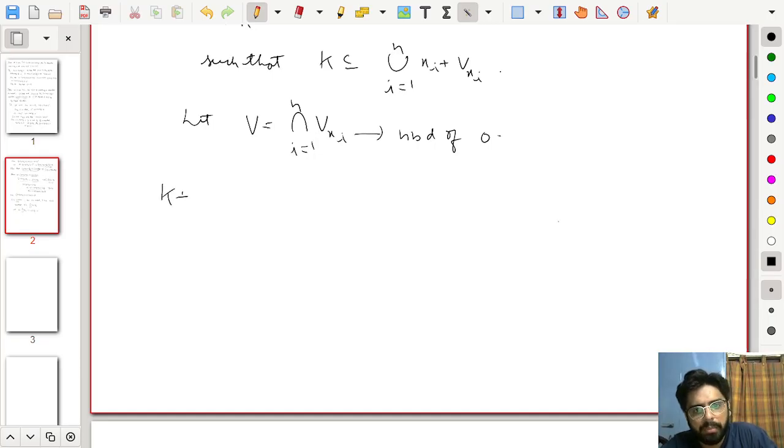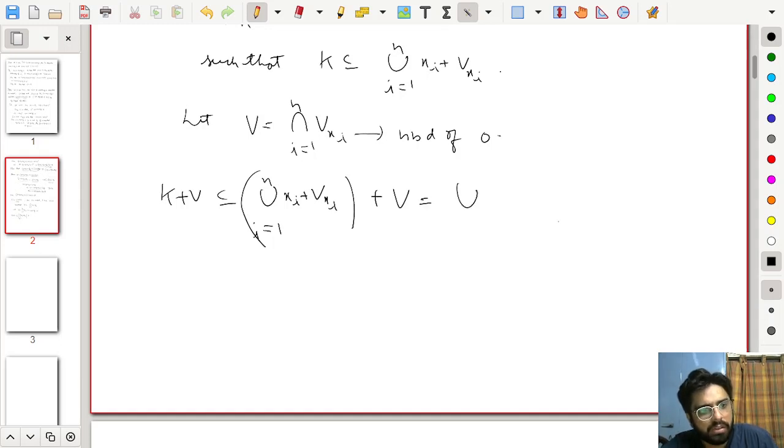So let us look at K plus V. K is contained in this union, so K plus V is contained in xi plus V_xi plus V. It's an easy exercise to show that this is equal to xi plus V_xi plus V, which is a subset of the union, i varying from 1 to n, of xi plus V_xi plus V_xi, right?